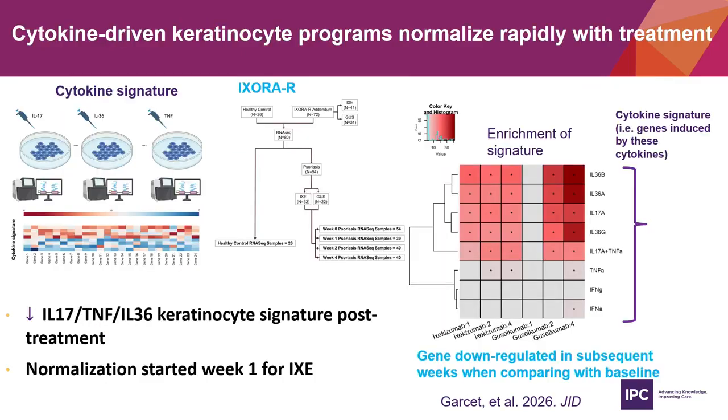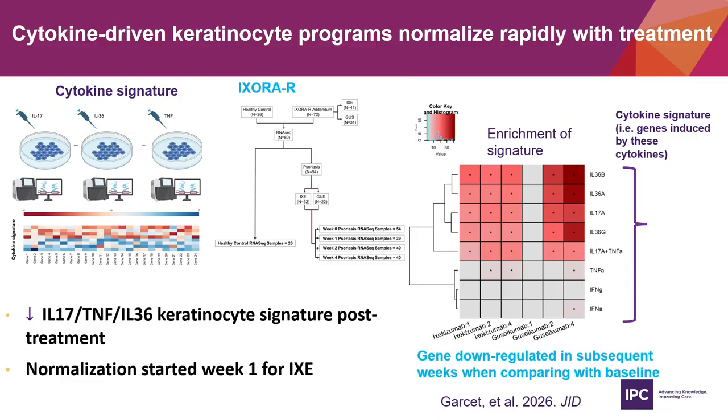Okay, so this time we are more interested in looking into certain cytokine responses for keratinocytes, and especially IL-17, TNF, and IL-36. So we integrate the XR study with independent genomic studies that we conducted using RNA-seq to profile the genes that are being induced by different cytokines in primary keratinocytes.